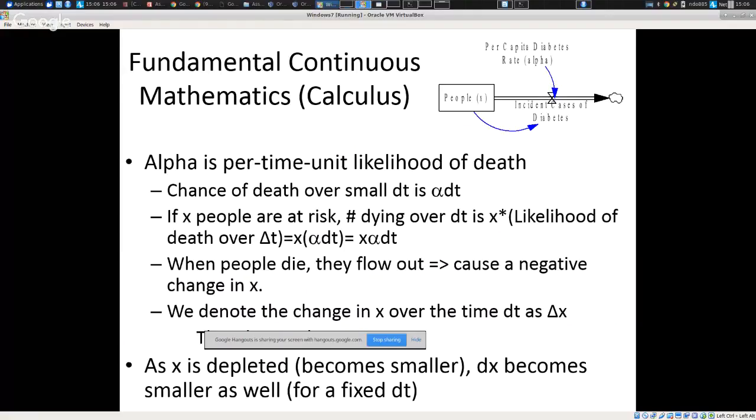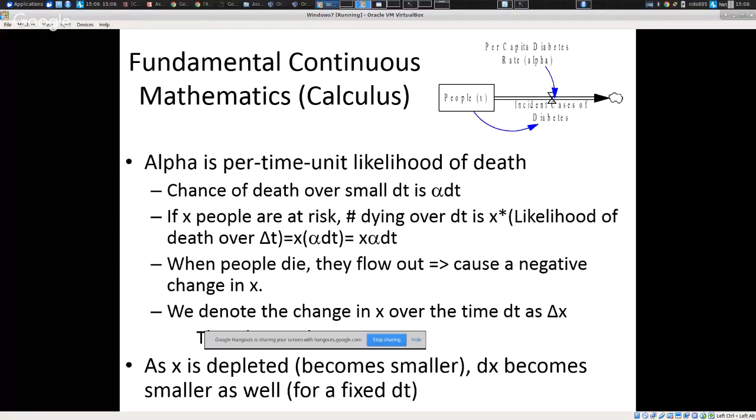Now, if we consider a small delta t, remember, alpha here is not itself a probability. It can be bigger than 1. It's probability per unit time. Let's suppose it's 1% per year mortality rate. Now let's consider some small amount of time, let's say 1/10 of a year.